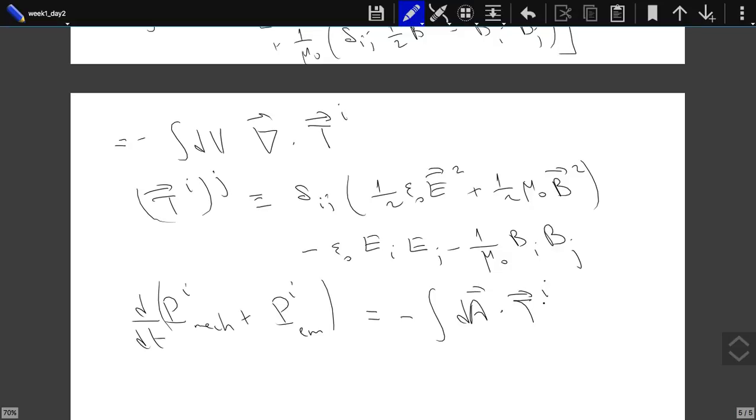For each i, we have a vector. And this vector, for each i, has these components.